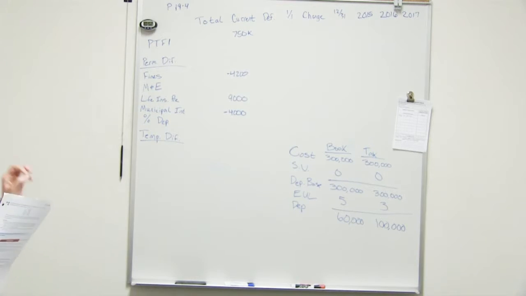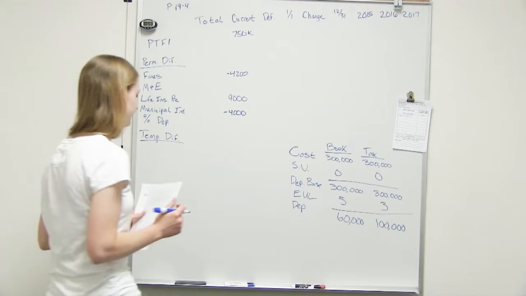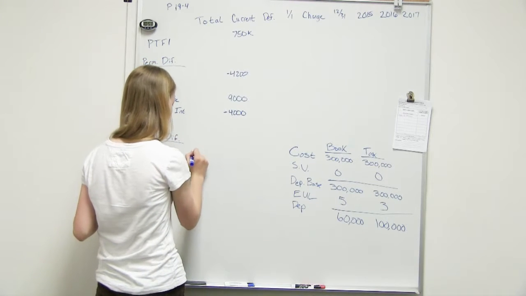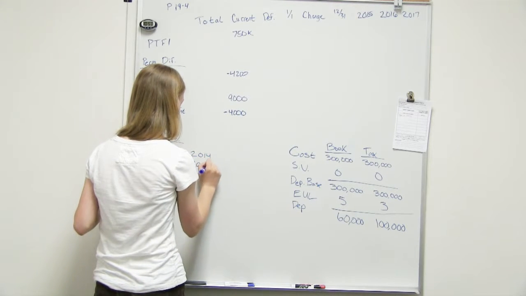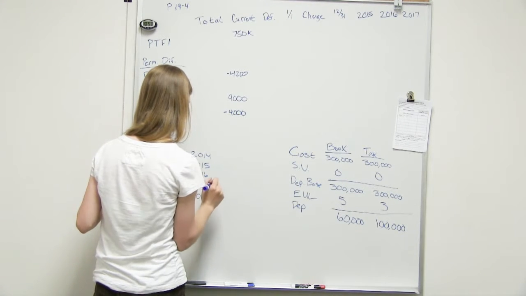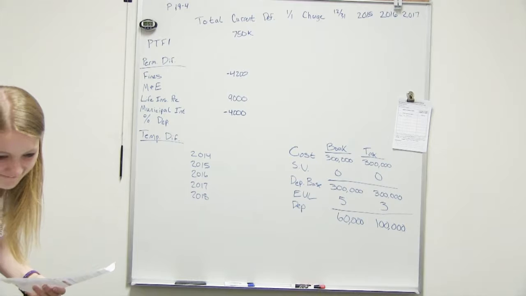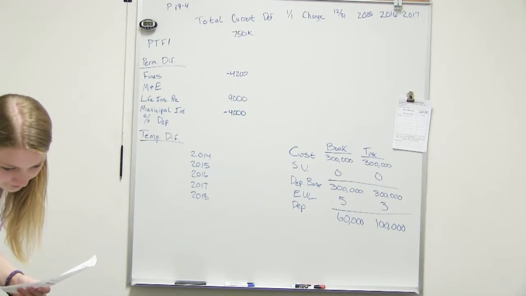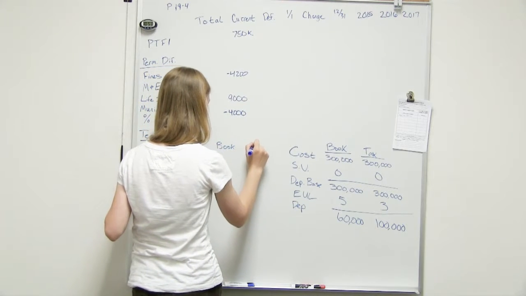And then this is where the rest of that depreciation table comes in. So you would do the book for 5 years, and tax for 3 years. So we can do that all up to the side. So 2014. Okay, so we'll have our book, tax.